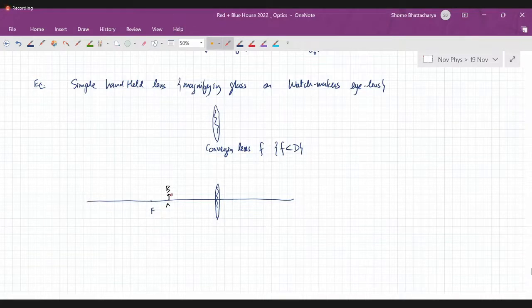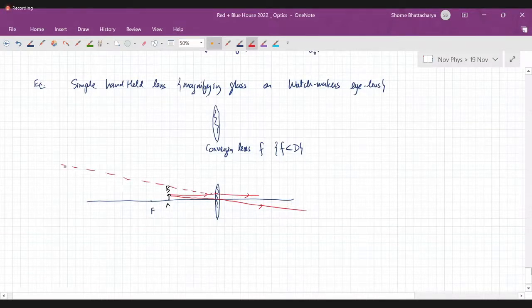In that case, the refracted rays will be slightly divergent in such a way that the image will appear to be somewhere here.